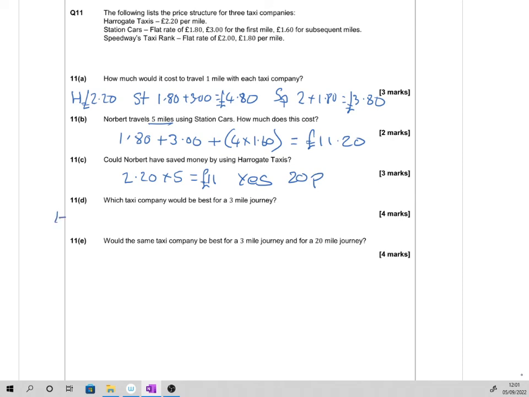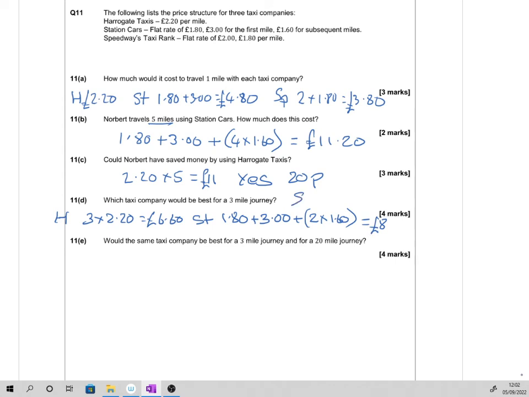Which would be the best for a 3-mile journey? Harrogate is going to be 3 times 2.2, which is £6.60. Station is £1.80 plus £3 plus 2 extra miles times £1.60. So that's £3.20 plus 3 plus £1.80 is £8. And we've got to do the other one, haven't we?